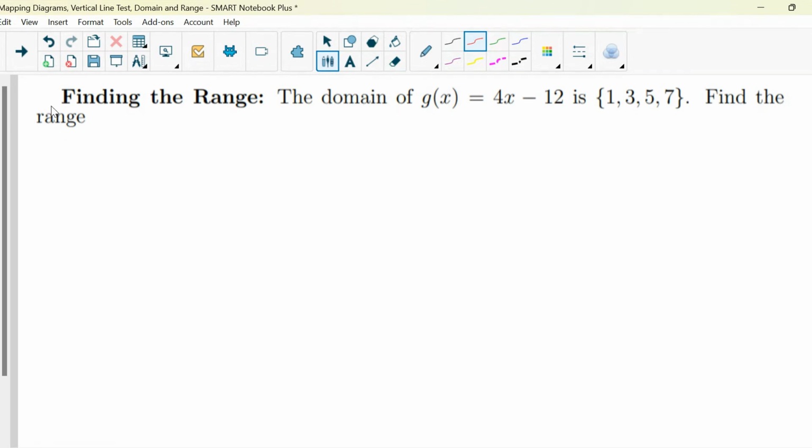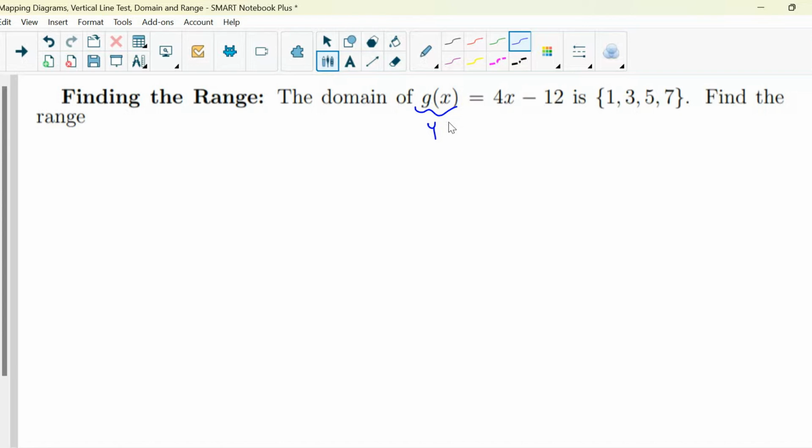All right. Let's talk about domain and range together. We'll probably revisit this in class again, so sorry if you hear it multiple times. So for domain and range, remember domain is your possible x values and range is your possible y values. So in this first example here, we are finding the range. So this question says the domain of g of x, remember g of x is the same thing as just saying y, it is your outputs.